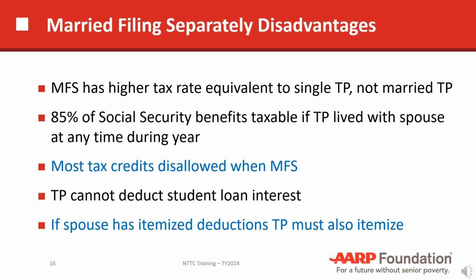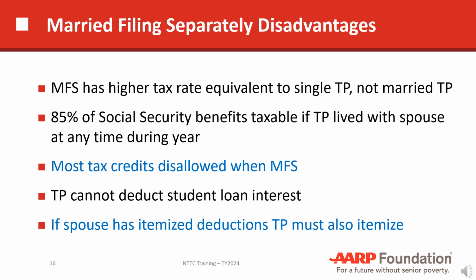So what are the disadvantages to using the married filing separate filing status? MFS has a higher tax rate overall, which is actually equivalent to the single taxpayer tax rate and not equivalent to the married taxpayer. So the married filing separate taxpayer pays a higher overall tax rate when they file separately. 85% of Social Security benefits can be taxed if the taxpayer lived with the spouse at any time during the year.